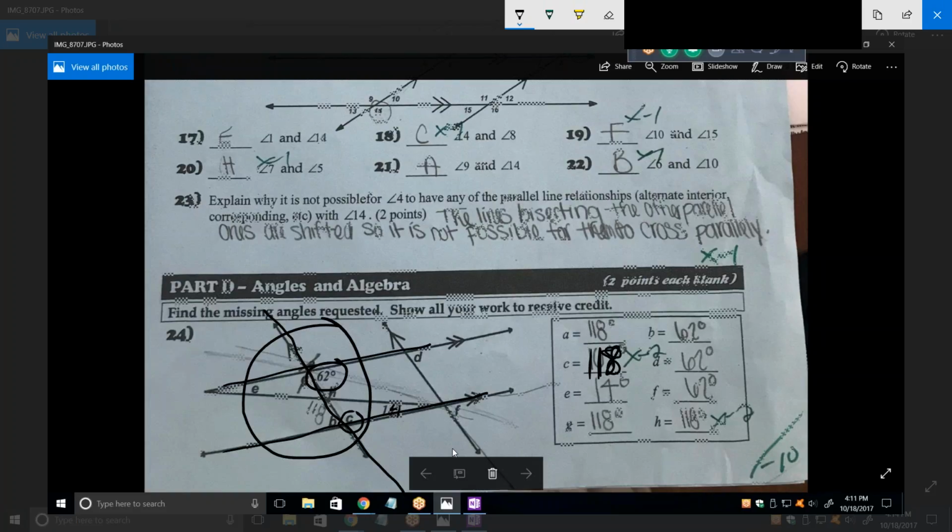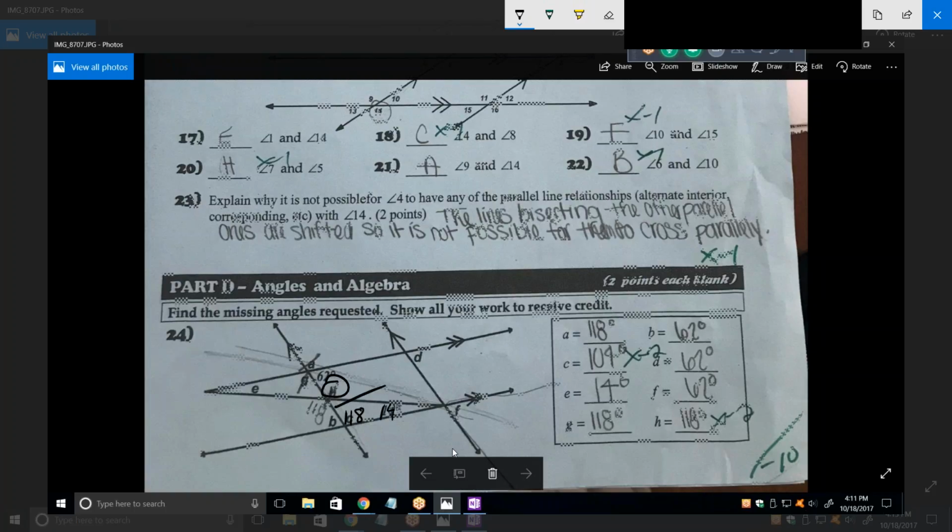Okay, the only other one you missed was H. Let me look at H. That's this one here. Well, we just figured out that C was 118, right? And that's 14.